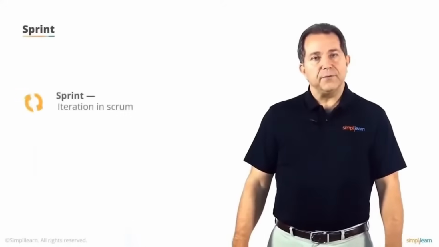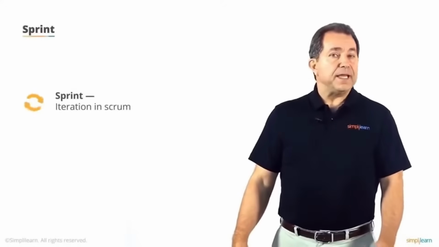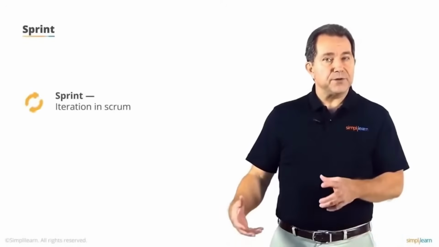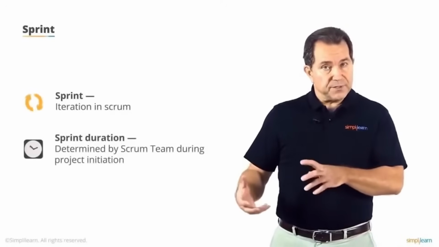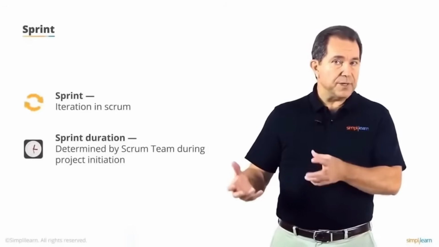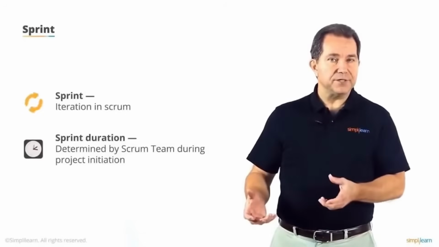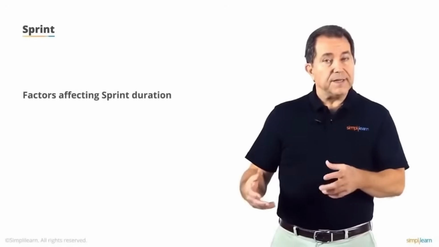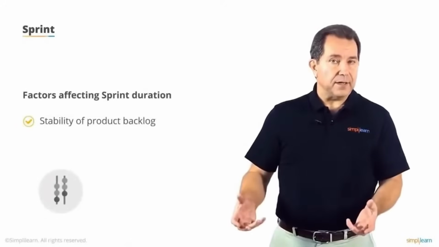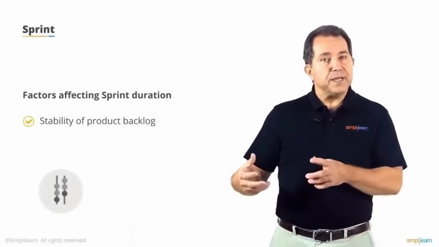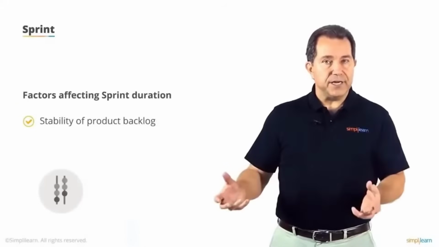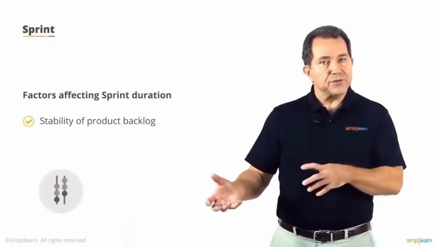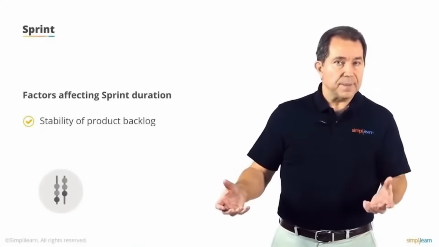A sprint is an iteration in Scrum. At the beginning of a project, the Scrum team determines the duration of sprints for the project. Most sprints are going to be 2 to 4 weeks in duration. Factors affecting sprint duration include the stability of the product backlog. Once a sprint has begun, the duration is never changed, nor are any user stories added or removed.